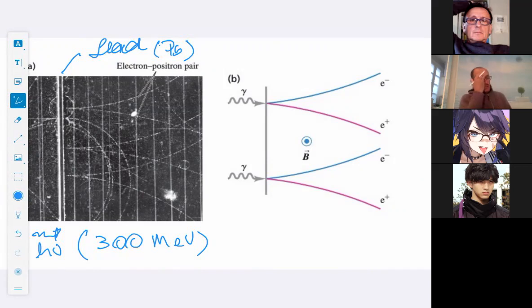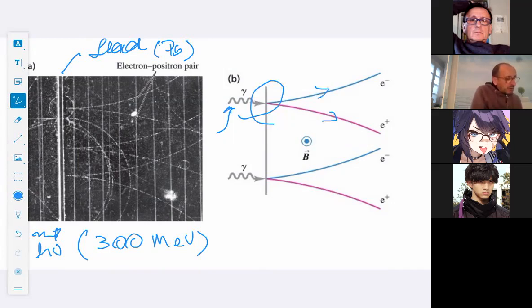So how does this work? The process is exactly this one described here. You have an incident photon and you generate a positron, which is the red trajectory, and you generate the blue trajectory.